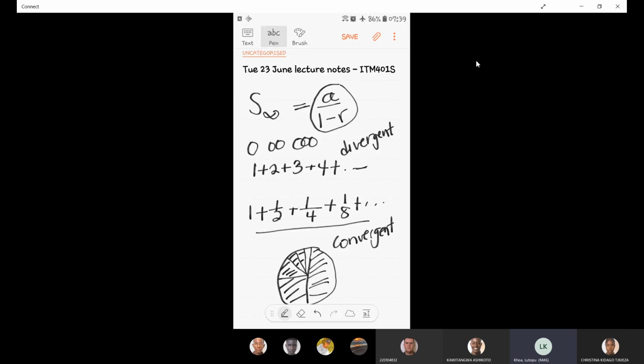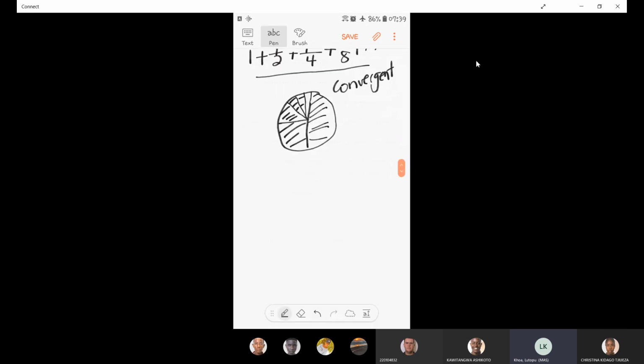Now with the geometric progression, not all progressions are convergent. Some of them diverge. Now how do we know when a sequence is divergent or convergent? What tells us whether it is convergent or not is actually the common ratio.